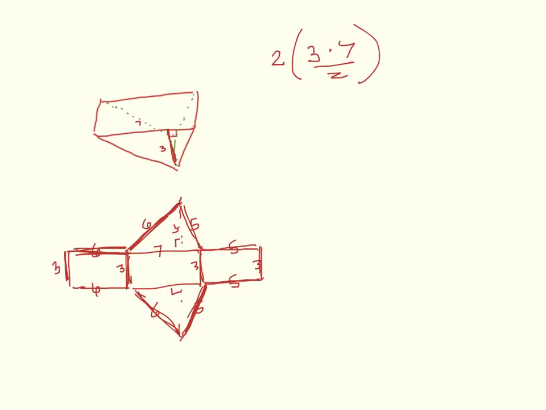So let's write this all out. We have two triangles, and I'm going to go down because I can't fit it in any other way. So the first triangle is a 3 by 6, plus the next triangle is a 3 by 7, plus the last triangle is a 3 by 5.